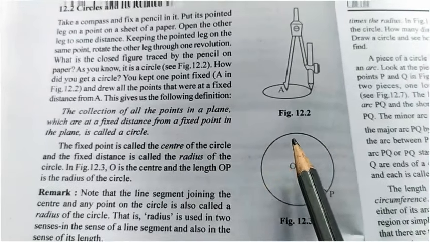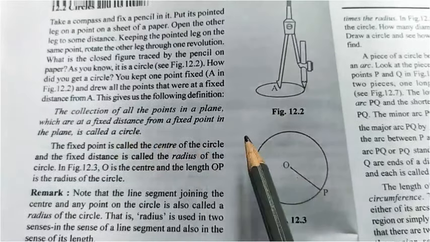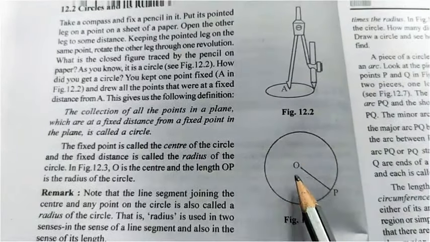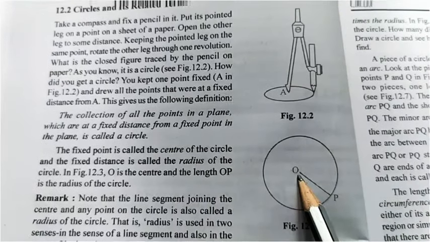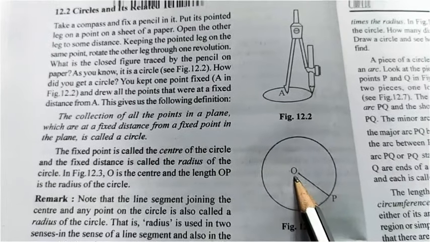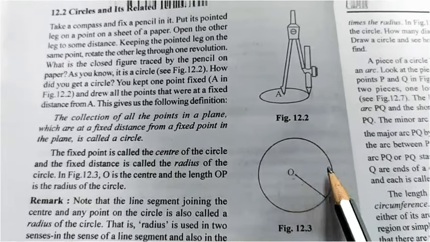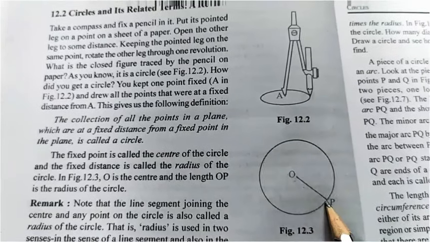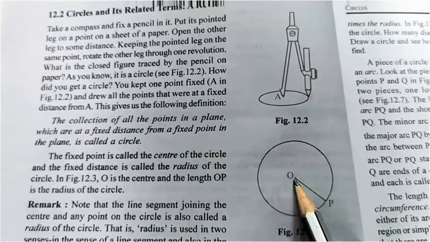If you take here, it is a plane and these are a collection of points at a fixed distance from a fixed point. The fixed point is the center, which we can call O. From this fixed point, those points have the fixed distance. If I draw and join the point, we get OP.